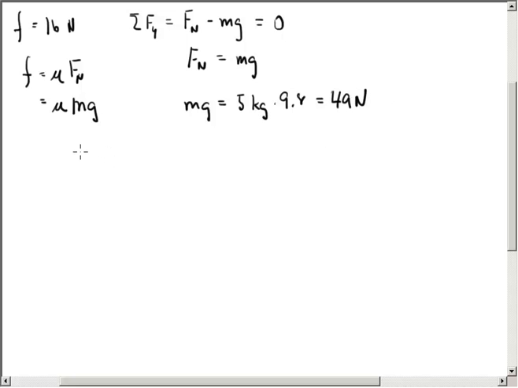But the force of friction is 16 newtons. So mu times 49 newtons, the coefficient of friction times 49 newtons, has to equal the 16 newtons of friction. So the coefficient of friction will be equal to 16 over 49, and that's equal to 0.33.